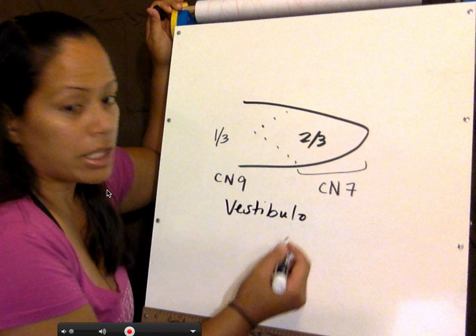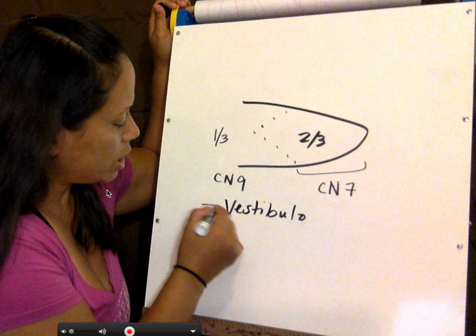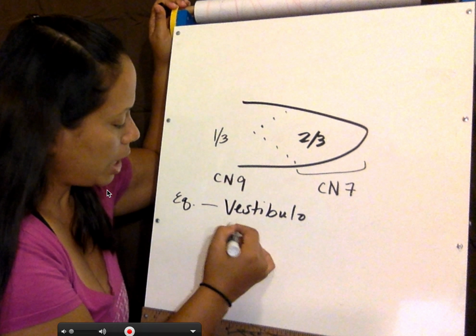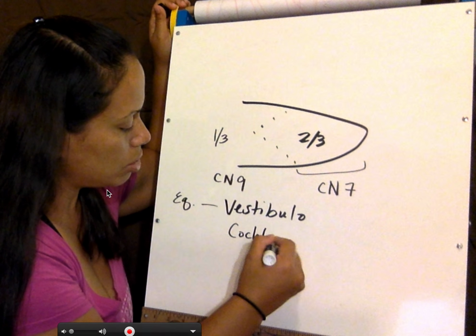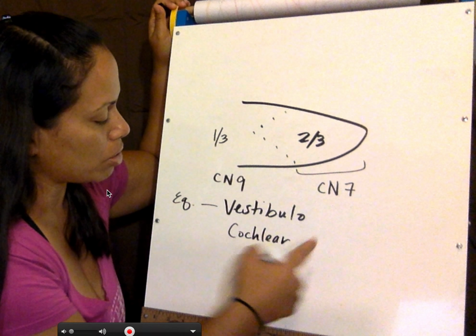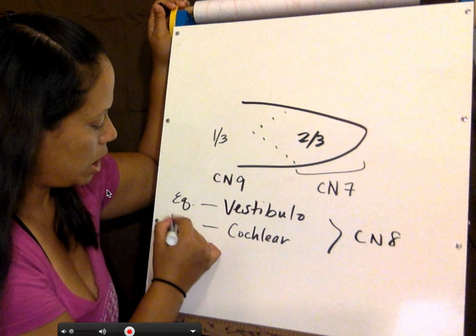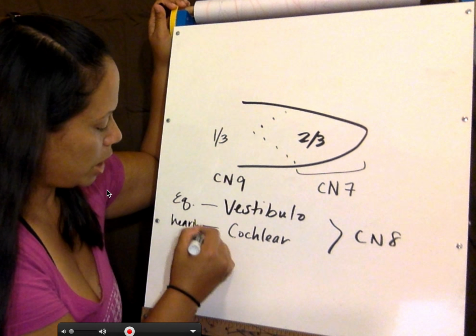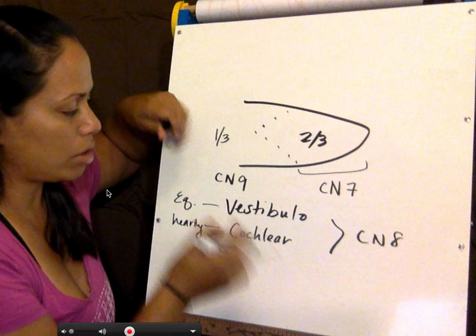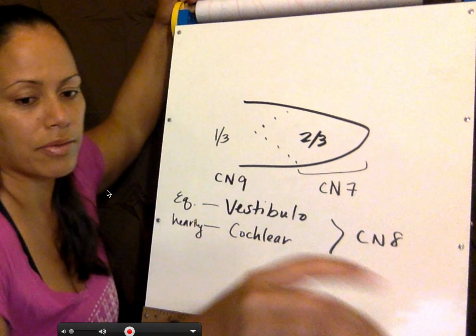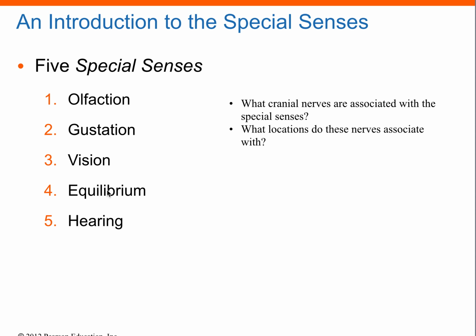So they call it vestibulocochlear, right? So vestibule is a part of equilibrium. And cochlea, or the cochlear branch, vestibulocochlear, cranial nerve number 8, is associated with hearing. So same cranial nerve, just different types of sensations that you're dealing with.